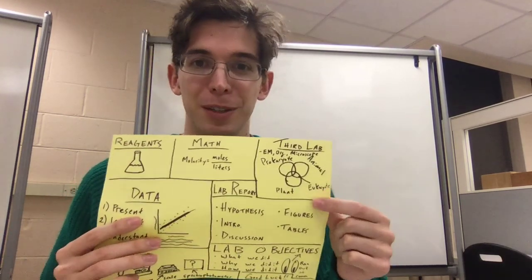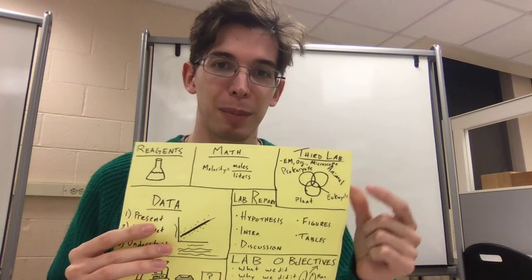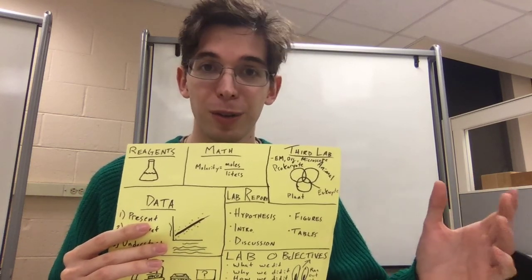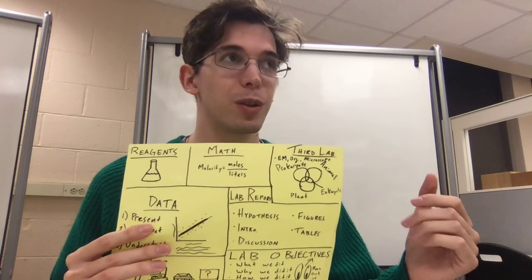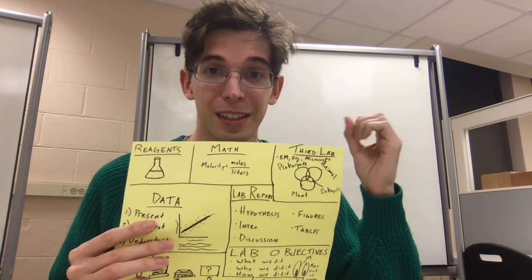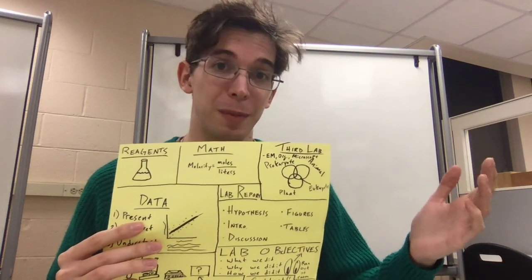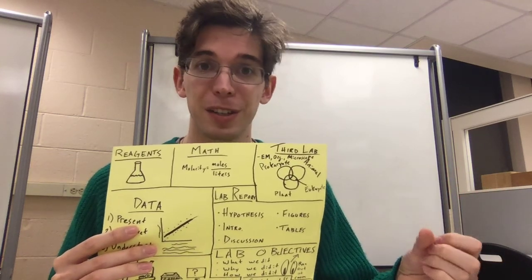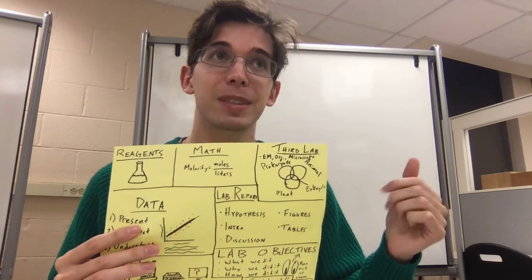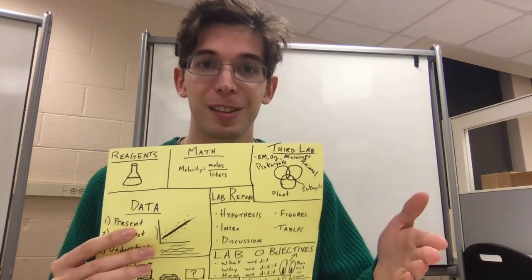The third lab, because the third lab people seem to forget about. Remember, we looked at electron micrographs of organelles. We had to know what their functions were. We used a microscope to look at protists and bacteria and human cheek cells. We also did tonicity.